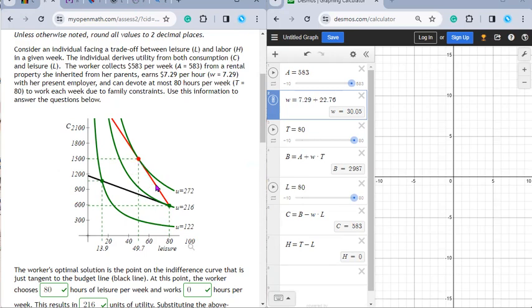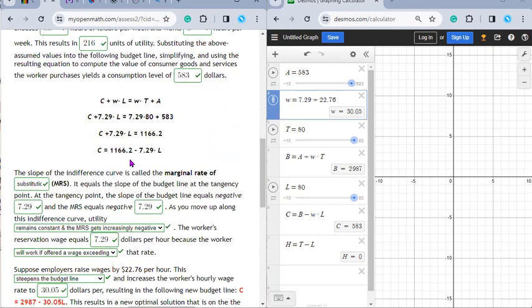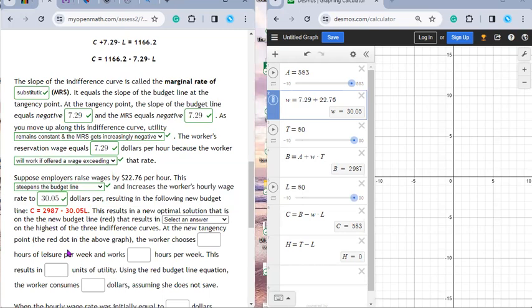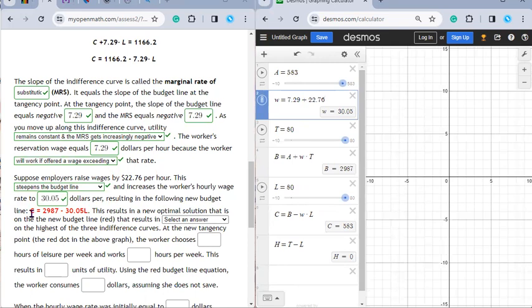The new budget line is just tangent to this third indifference curve that represents utility equaling 272 at every point along this green curve. So we get a new budget line here: C equals 2987 minus 30.05 times leisure.